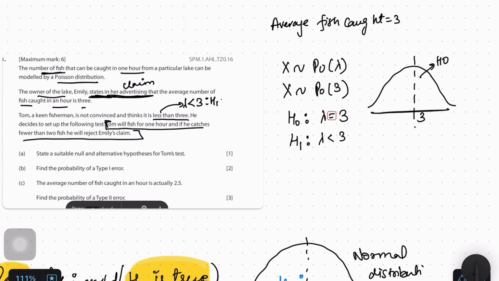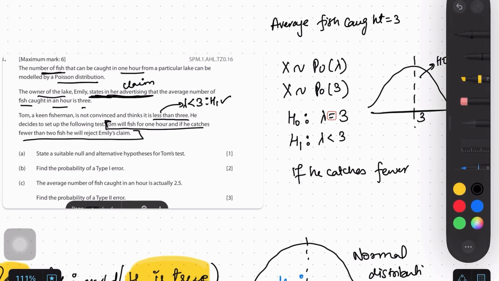The owner of the lakes claims, because it's a statement given in advertising, that means it's a claim, that the average fish caught in 1 hour is 3.